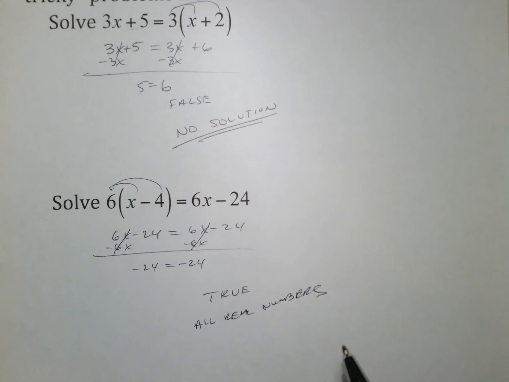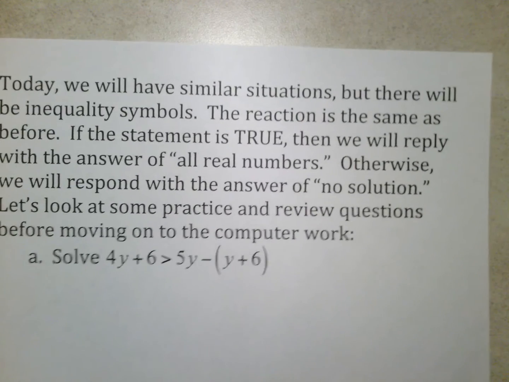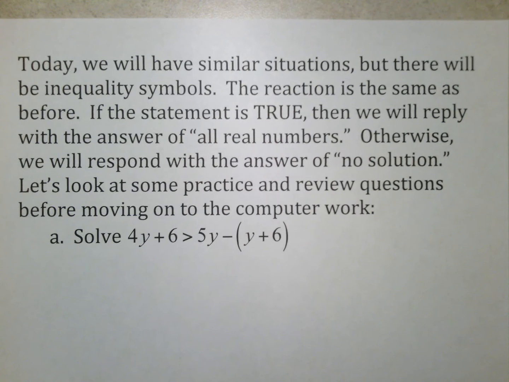So those were the 2 things that we saw: no solution and, I think they called it identity back then, but they all mean the same thing. They just mean that no matter what you plug in, a whole bunch of answers work for that question. Today we're going to have some similar situations, but with inequality symbols.